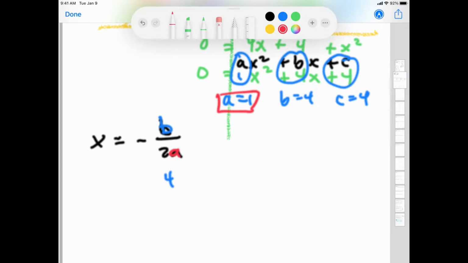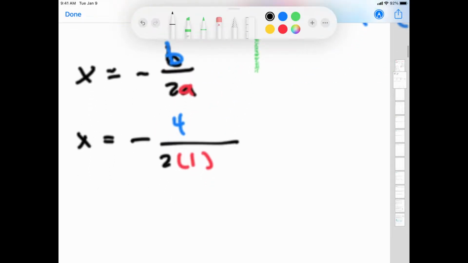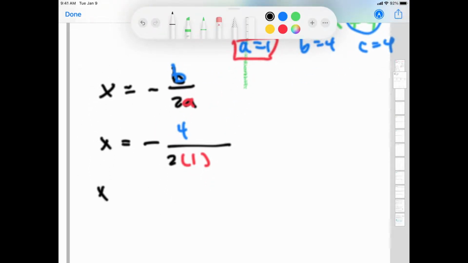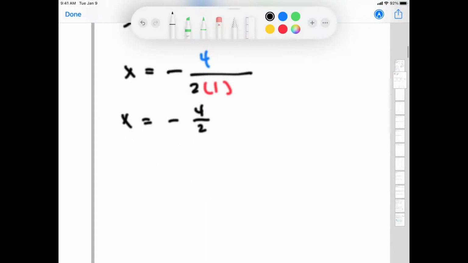A is 1. So x equals negative, and that one has a 2 in front. So that would be x equals negative 4 over 2. 4 divided by 2 is 2, so that'll be x equals negative 2.